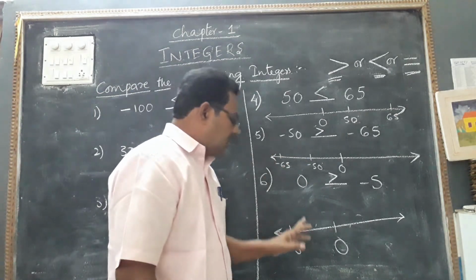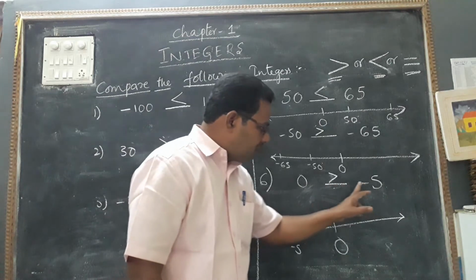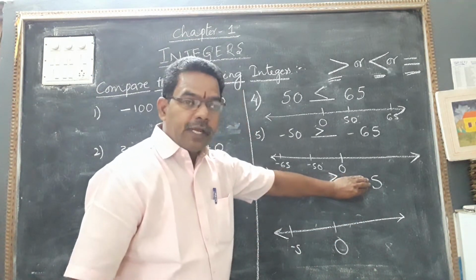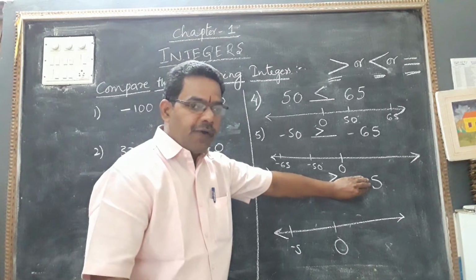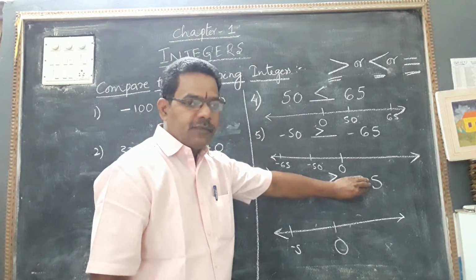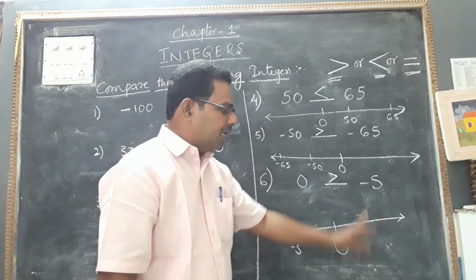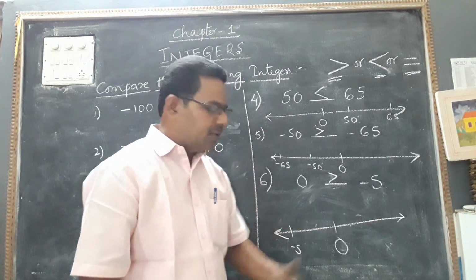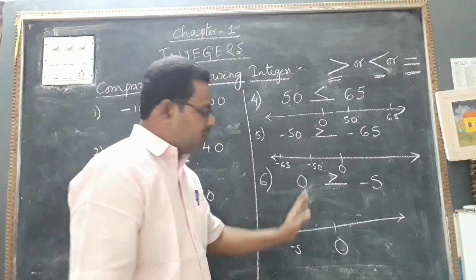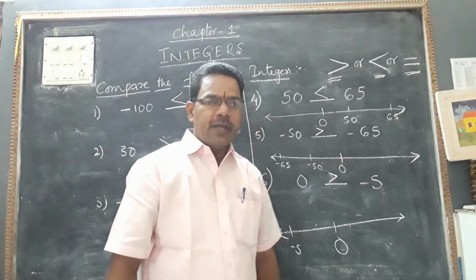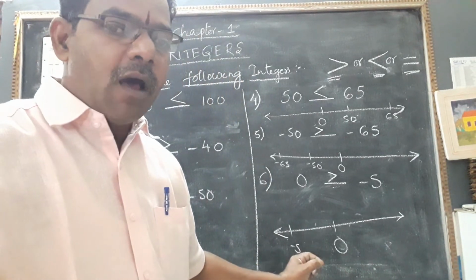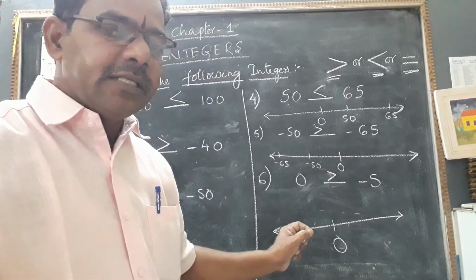Okay. Next, 0 and minus 5. Suppose I had taken only 5 and 0, 5 is bigger, 0 is smaller, but I kept minus. That's why minus 5 is less than 0. So 0 is greater than minus 5. Okay. So this is the comparison of integers.